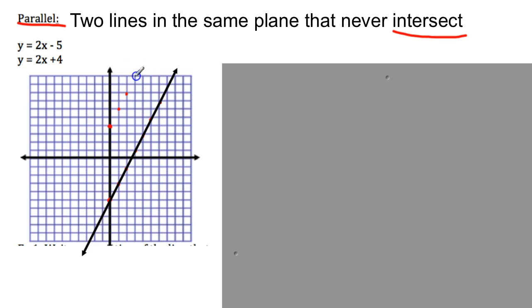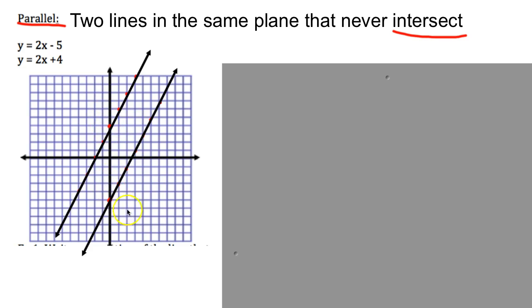I can go the other way too. Down 2 to the left 1. Now I need to connect all these dots with a line. Bam, done. So now I have two lines that are parallel.